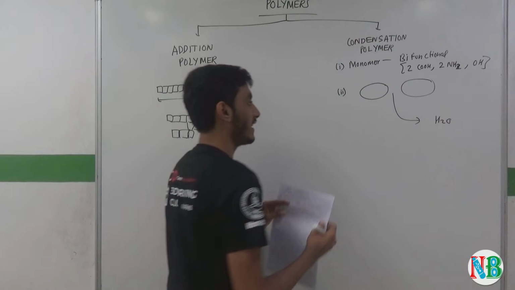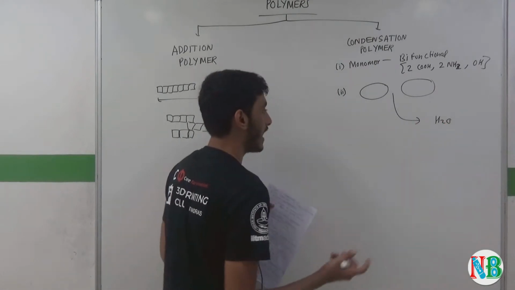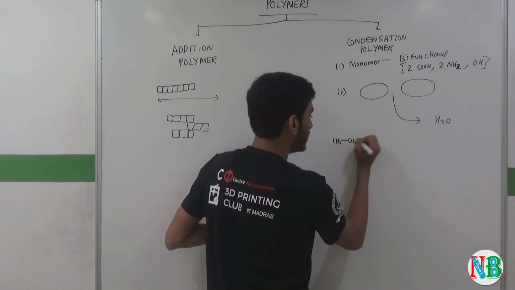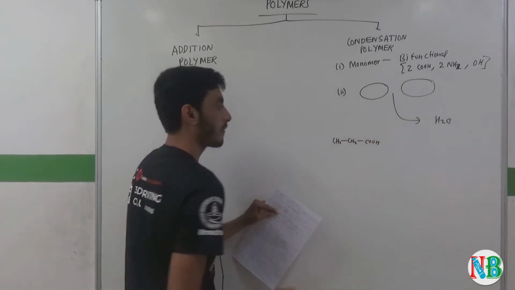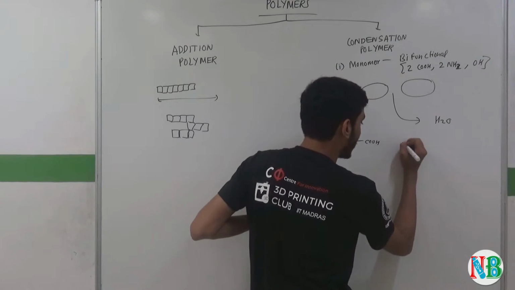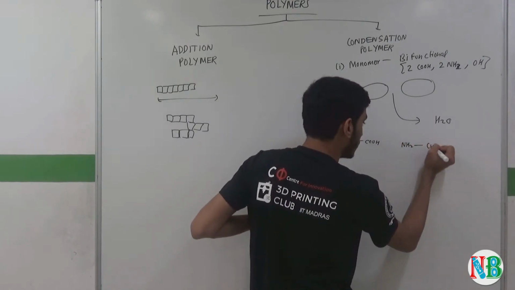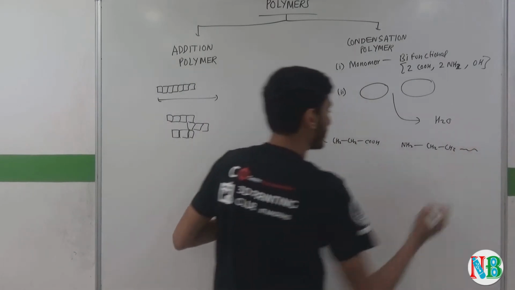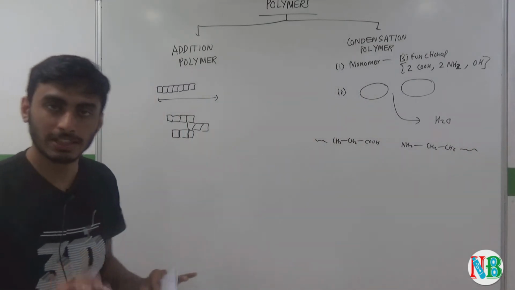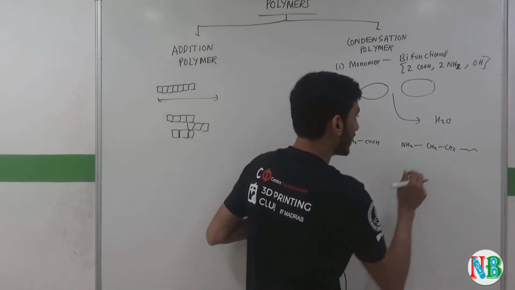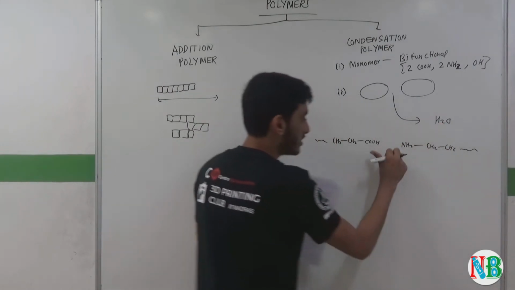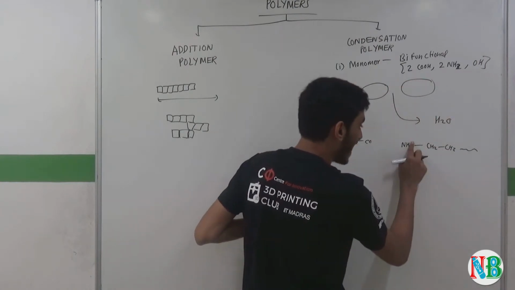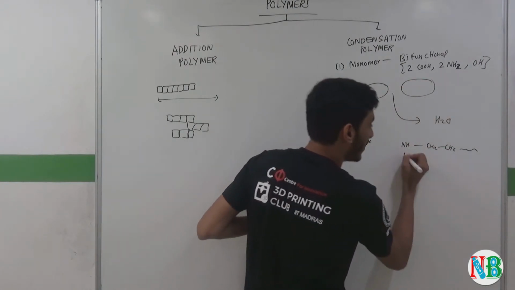For example, if I have something like CH2 COOH, and here I have something like NH2 CH2 and something else. In this case, simply you first remove from here just one OH, and from here one H is removed.